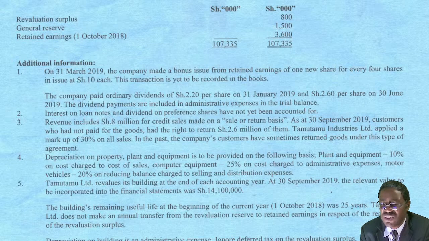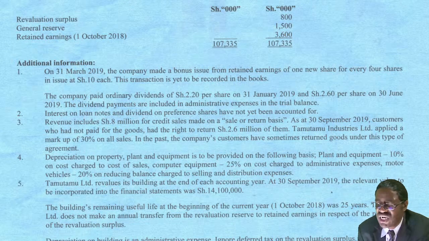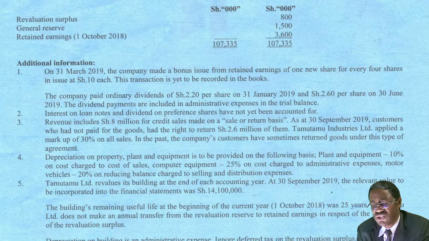Motor vehicle, 25% on reducing balance, charged to selling and distribution. That one, there is not a big deal. We can do it as we are doing the question. When we shall be computing those admin expenses and so on, I told you we shall compute them somewhere. So those ones we can do them as we are doing the question later. Good. That's for number 4.